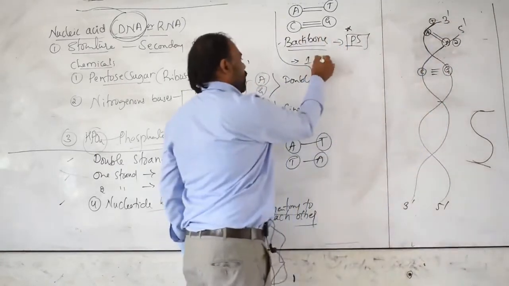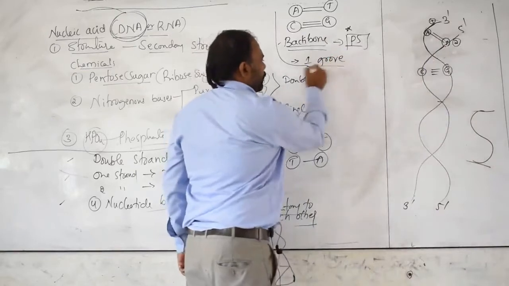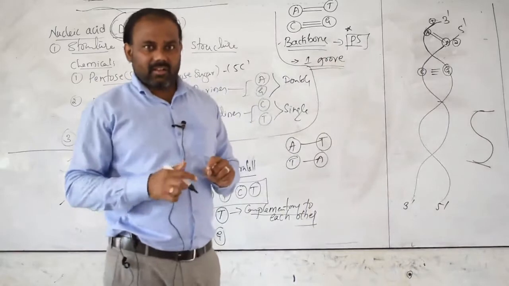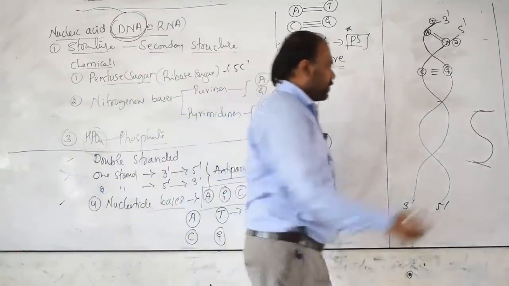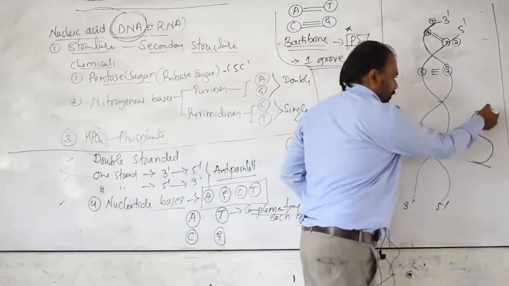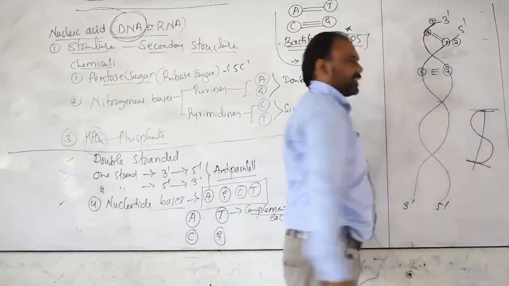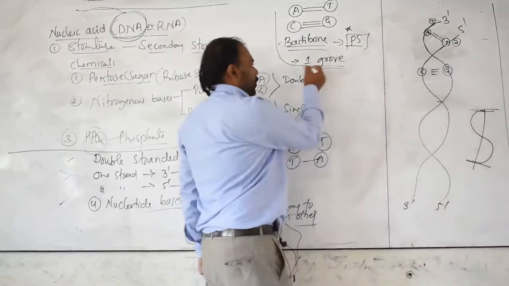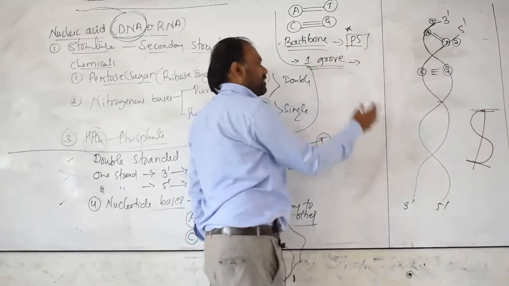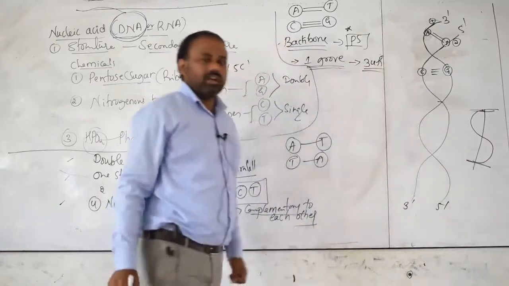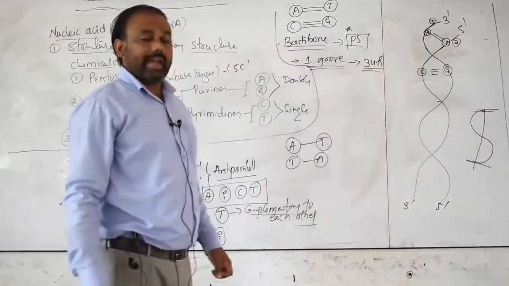Remember, it is like a staircase, a staircase-shaped structure. From here to here is considered one groove. That one groove measures about 34 angstrom.